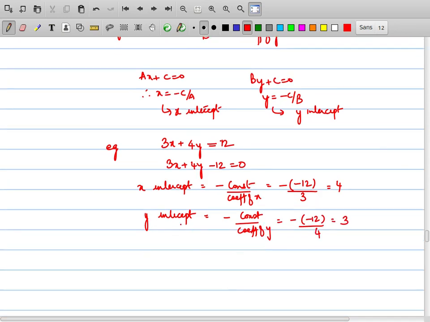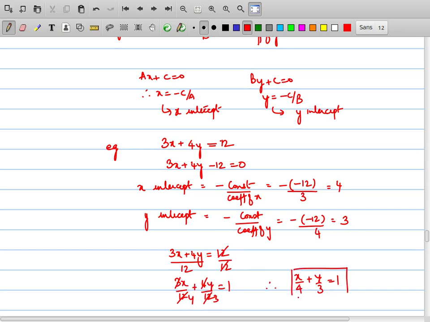Now another way is, 3x plus 4y is equal to 12 is on the right side. We'll divide by 12 throughout to get 1 on the right hand side. This gives 3x upon 12 plus 4y upon 12 equals 1. 3 ones are 3, 3 fours are 12, 4 ones are 4, 4 threes are 12. Therefore what do you get? x upon 4 plus y upon 3 is equal to 1.